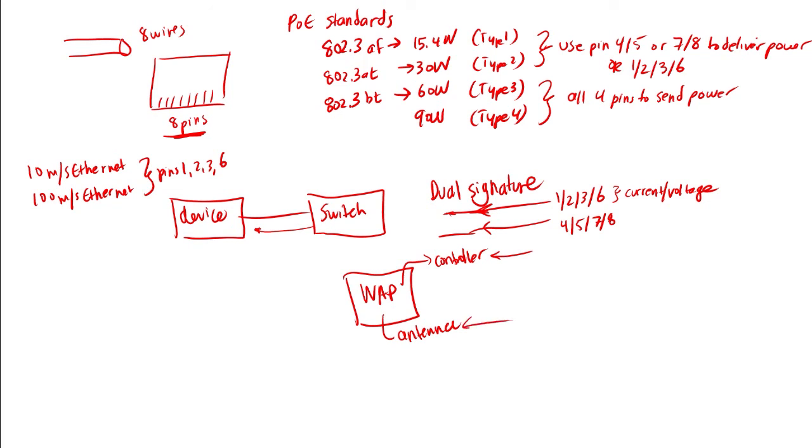So now the circuitry in the WAP can send a different type of power to the controller, a different type of power to the antenna. We don't have to design a transformer inside the WAP. So the WAP is cheaper and lighter.